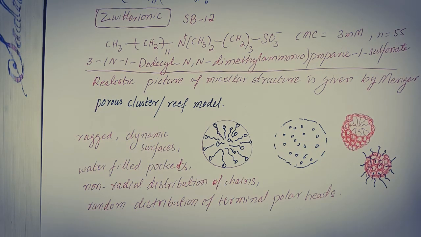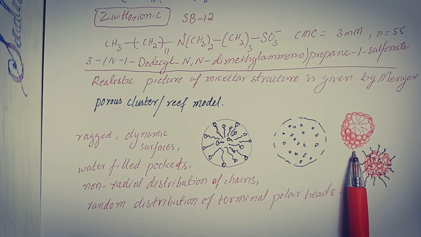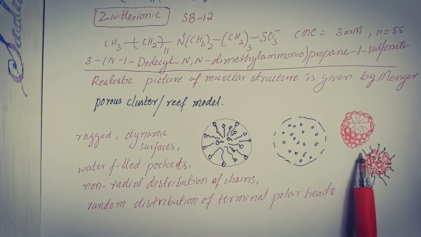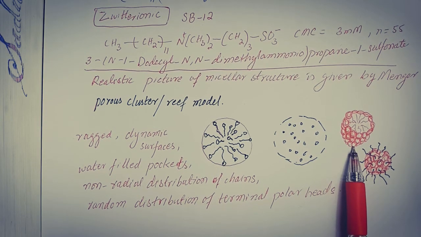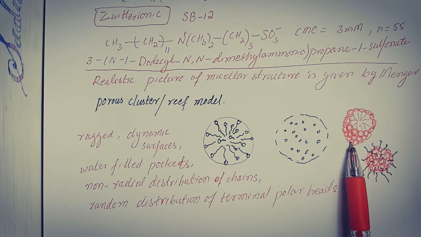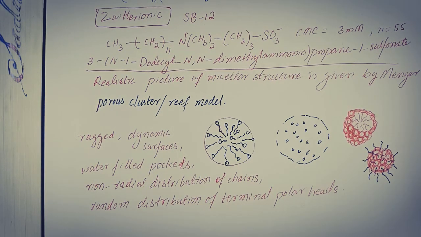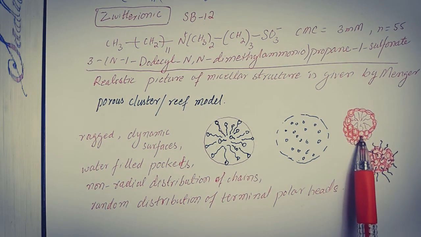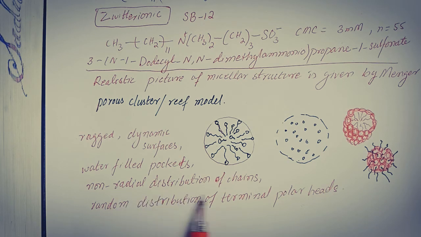So here I tried to make the 3D picture of the micelle, which is showing the spherical bodies that are actually the polar heads, and this one is the regular micelle structure, which is showing the rugged dynamic surfaces and water-filled pockets, non-radial distribution of chains, random distribution of terminal polar heads.